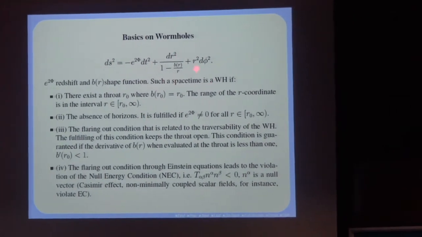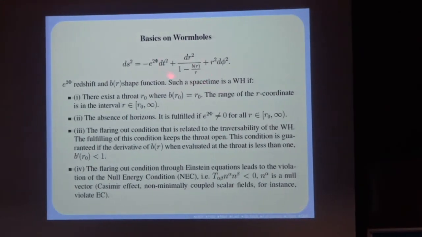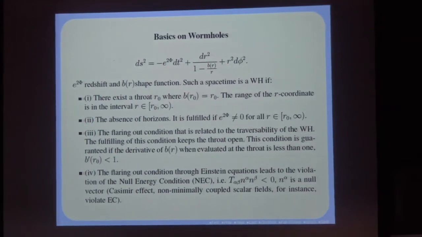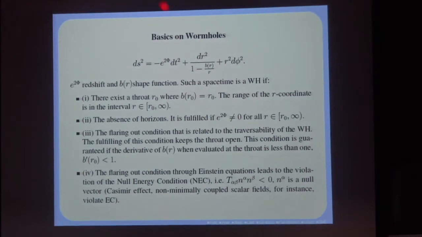And there is another function that defines or determines where the throat is. It is where this quantity diverges, and so B at the throat is equal to precisely 1, and this diverges.